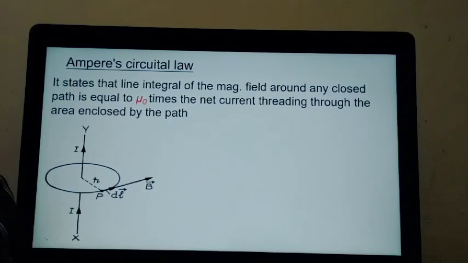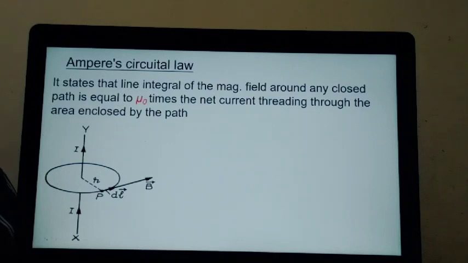So we make use of Ampere's circuital law. To apply it, we require a closed path, and we have considered a circular path of radius r, so that the required point lies on the circumference of that circular loop.